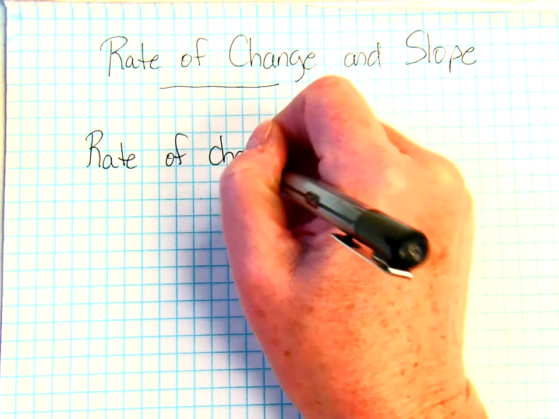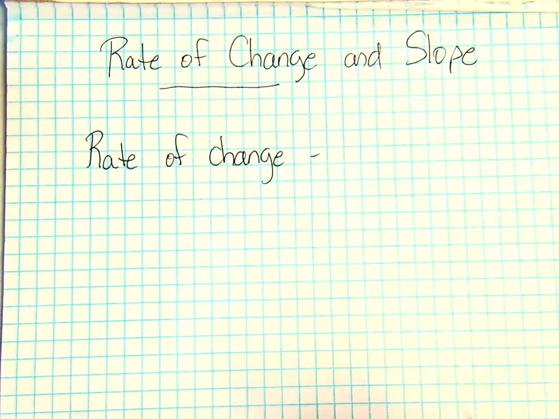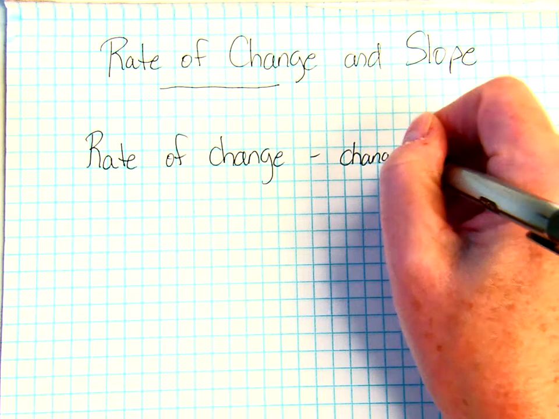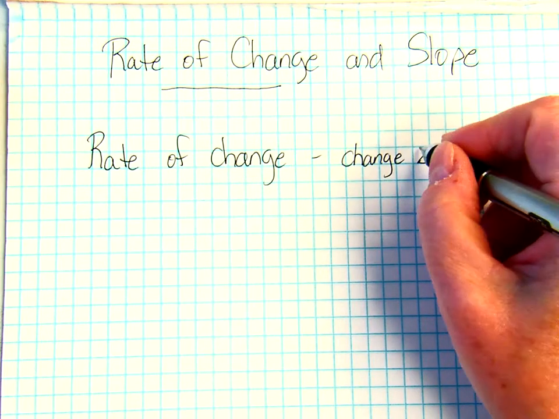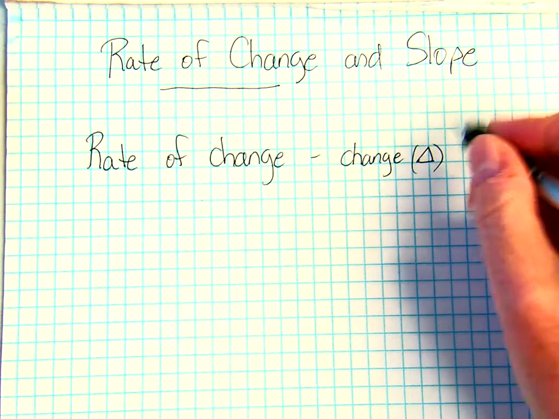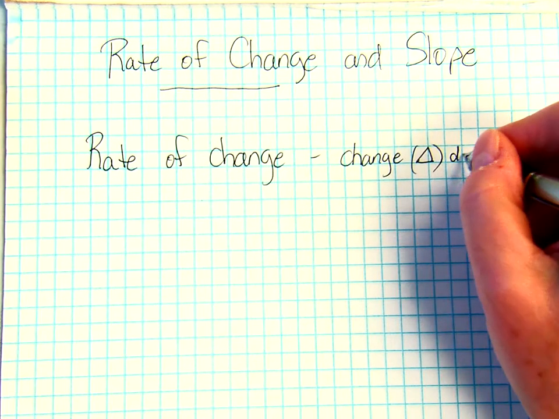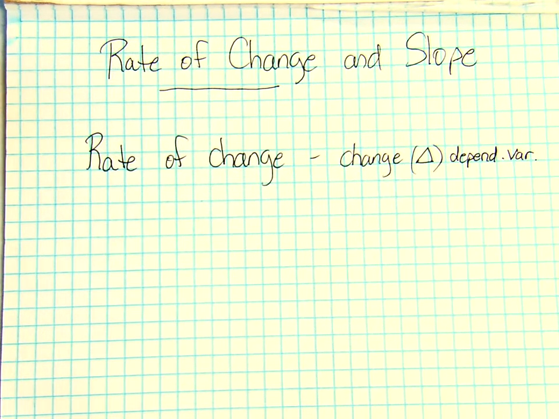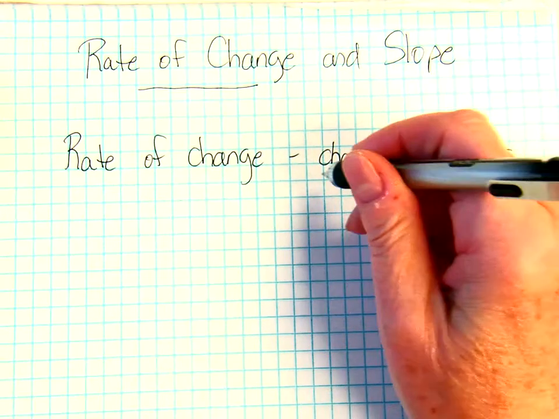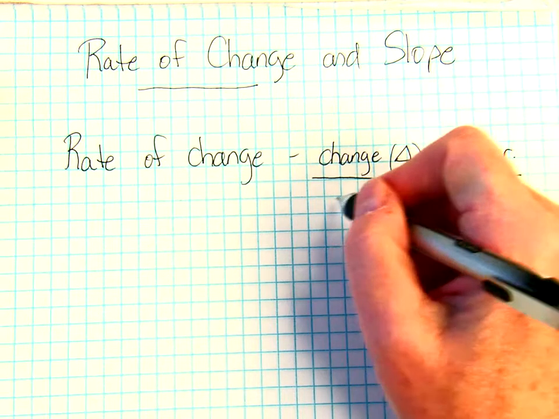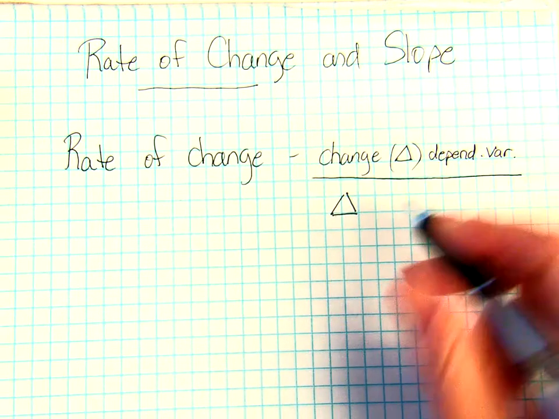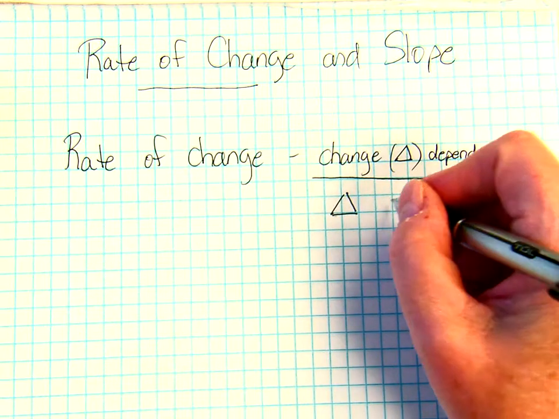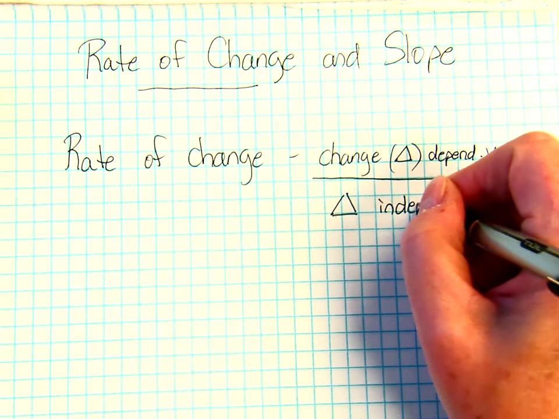And when we talk about our rate of change, what we are talking about is change, and in the future we'll be using the symbol for change here, the change in our dependent variable over the change in the independent variable.